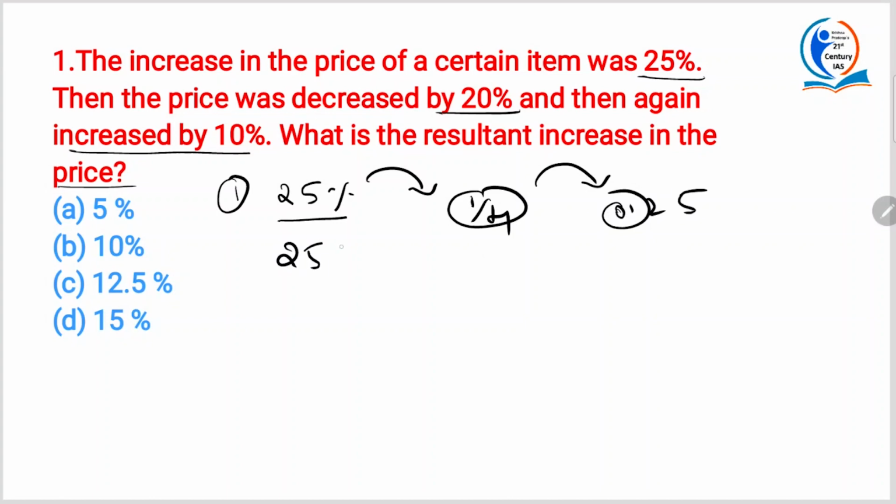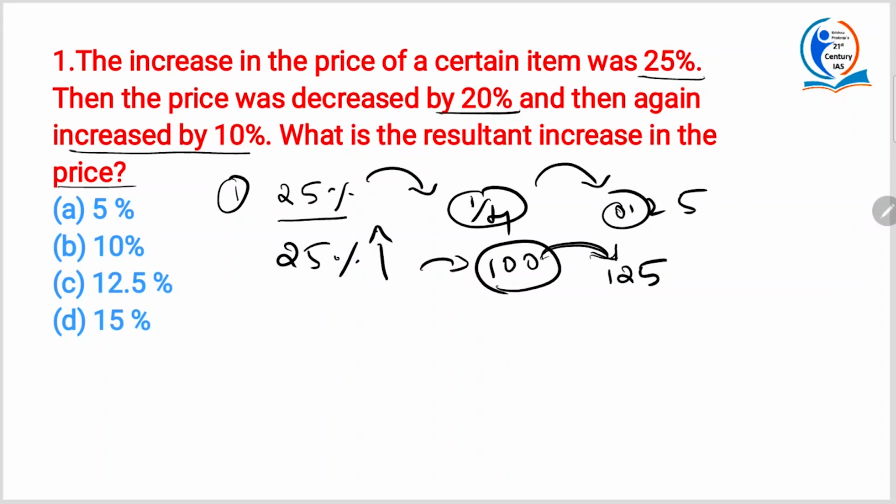Now a 25% increase means if a number is 100 and it is getting increased by 25%, it gets increased to 125. So this change is called a 25% increase.